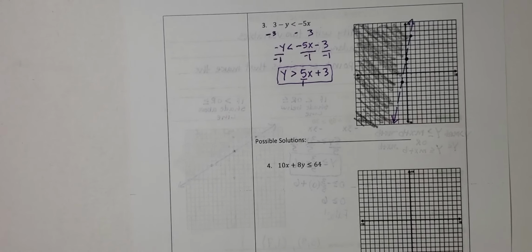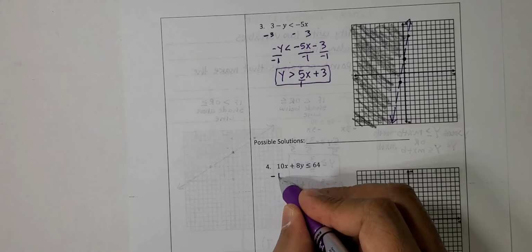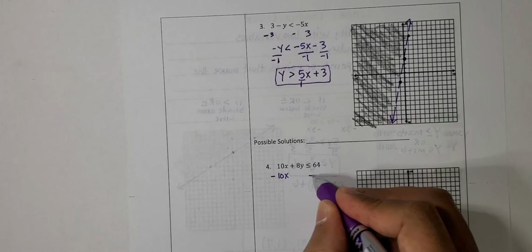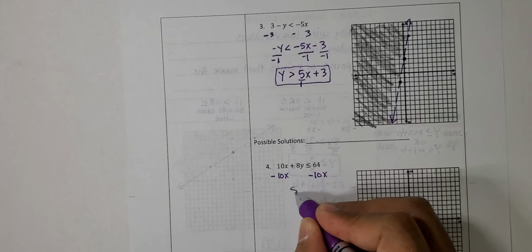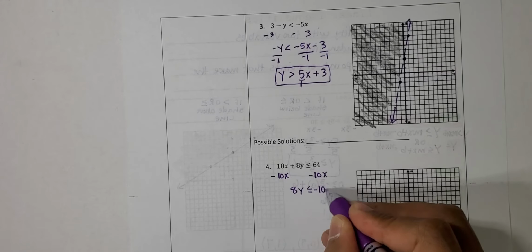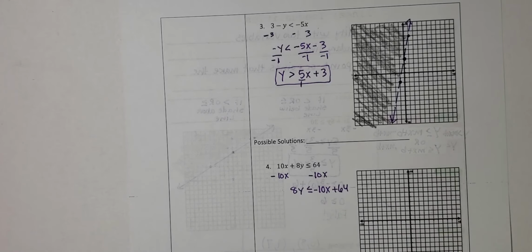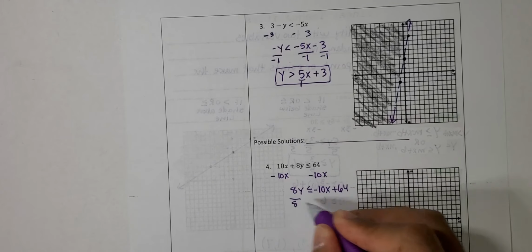Okay, the next problem is we need to isolate the y, so I'm going to subtract these 10 x's from the left. So then I have 8y less than or equal to negative 10x plus 64. Next, I'm going to divide by 8.